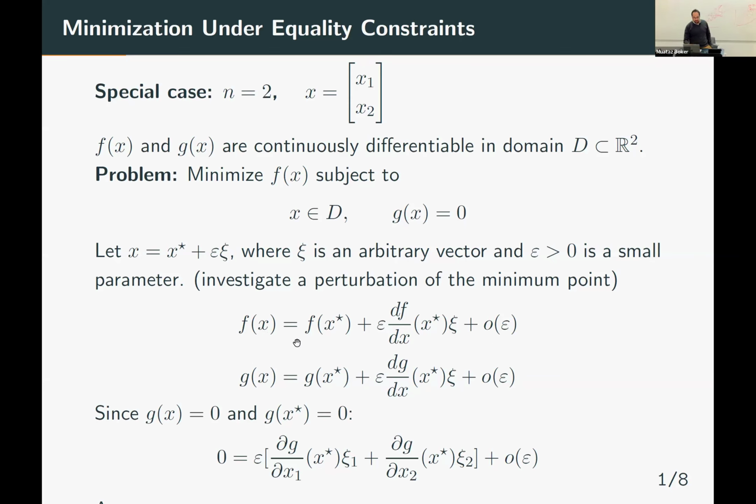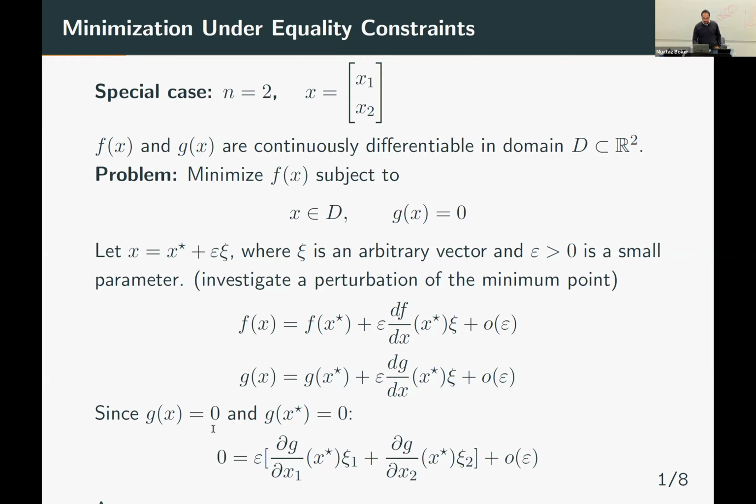We can do the same for g, right? Both of them are nonlinear functions, and both of them are continuously differentiable, okay? So we express g of x as a Taylor series expansion as well. Now, it is given that g of x is equal to 0. That's the constraint, so we need to respect that all the time, okay?